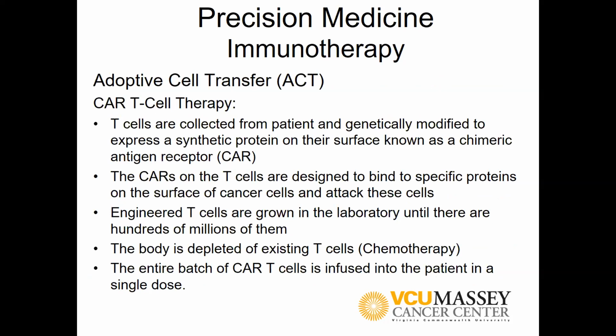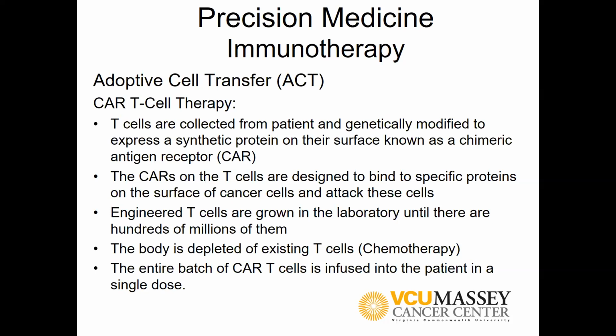there are actually FDA approved treatments currently, and drug companies are pouring millions into building factories that would produce these large numbers of T cells. So what happens here is T cells are collected from the patient, and then they genetically modify these T cells specifically to the patient's tumor.